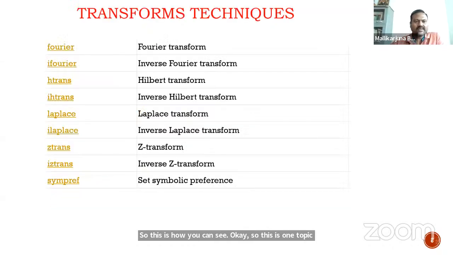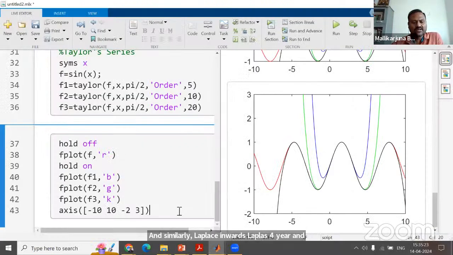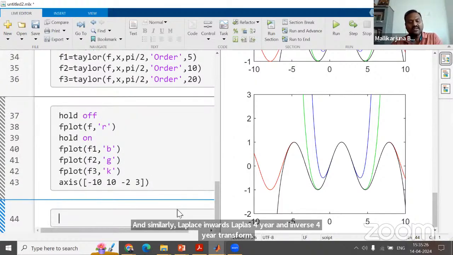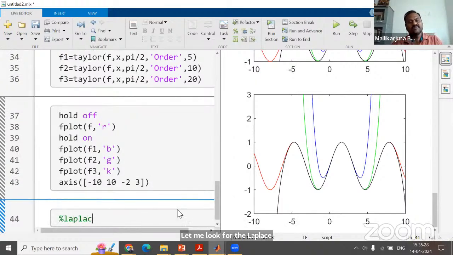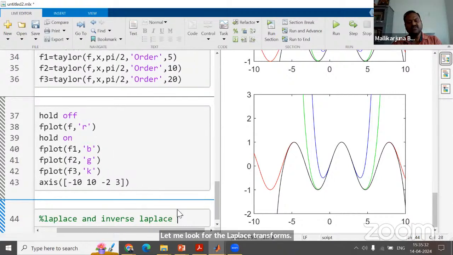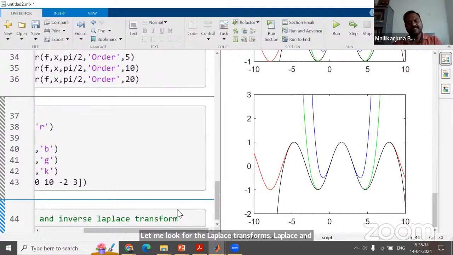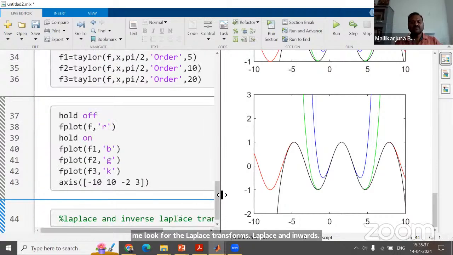And similarly, Laplace, inverse Laplace, Fourier, and inverse Fourier transform. Let me look for the Laplace and inverse Laplace transforms. This one.